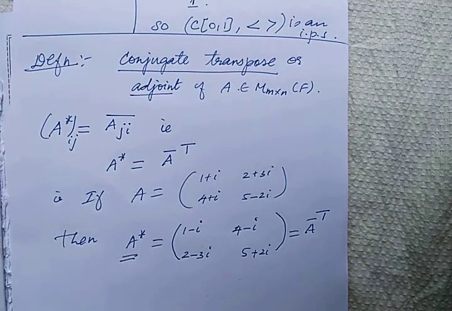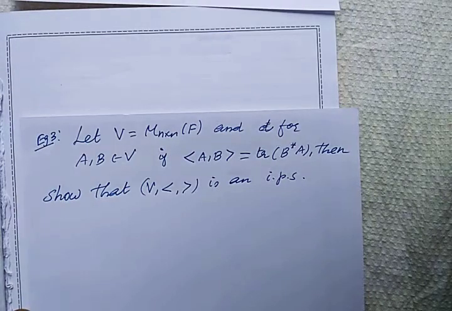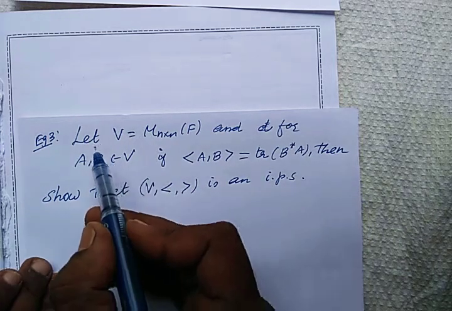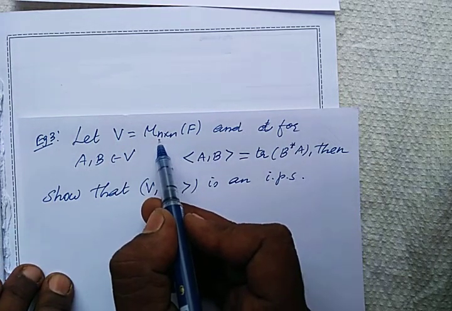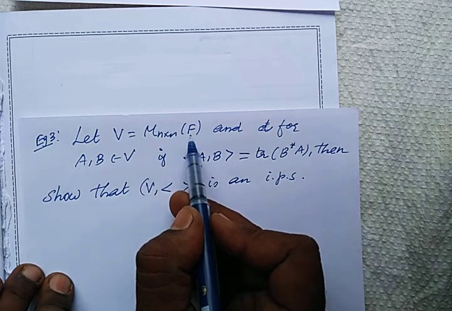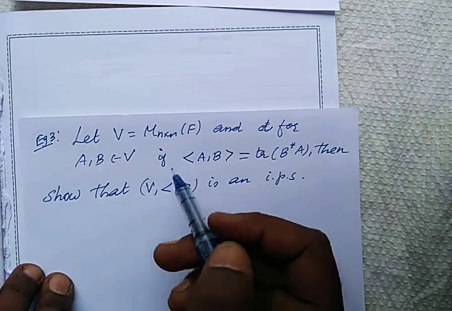Now let us see one more example of an inner product space over the matrices. Let V be the set of all n by n matrices with entries from the field F, from the real entries or complex entries.